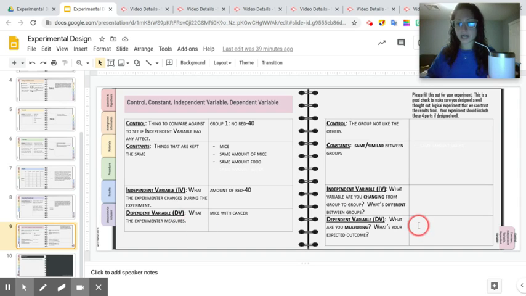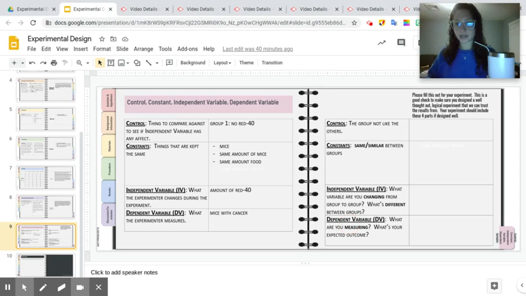So what I'm going to ask you to do is look at your experiment that you developed. I know you didn't have to write the results section, and you wrote the discussion and conclusion for my experiment. But going back to your experiment, I'm going to ask you to figure out what your control is, what your constants are, what your independent variable is, and what your dependent variable is.